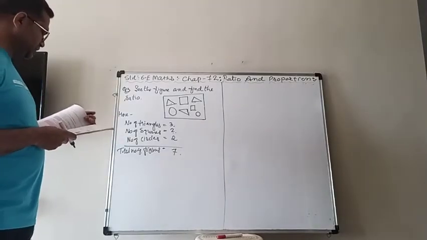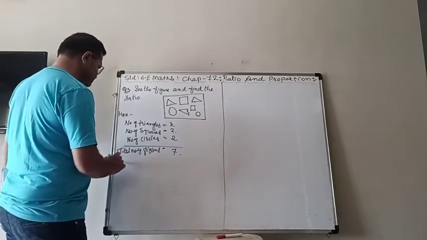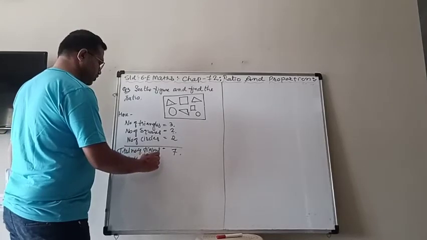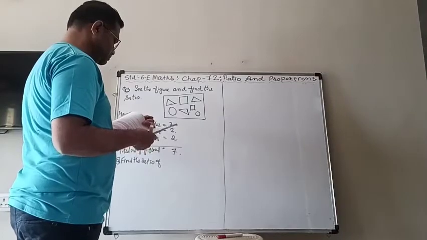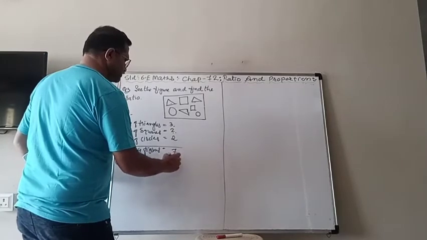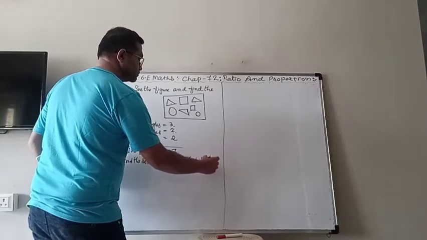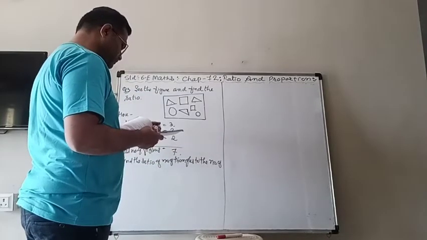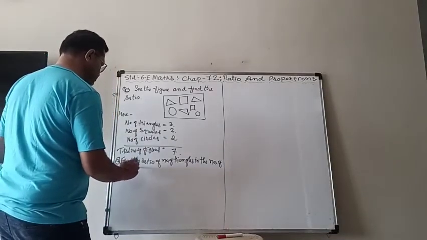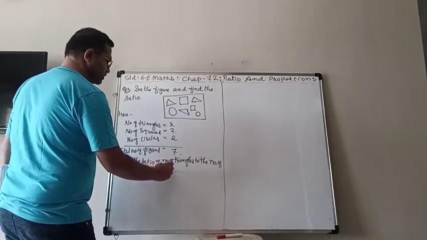Now we will read the 3 questions one by one and try to give the answers. A. Find the ratio of the number of triangles to the number of circles inside the rectangle.